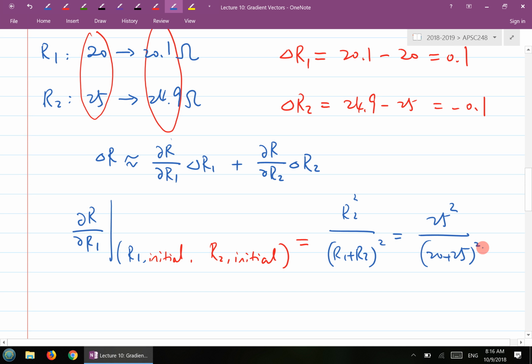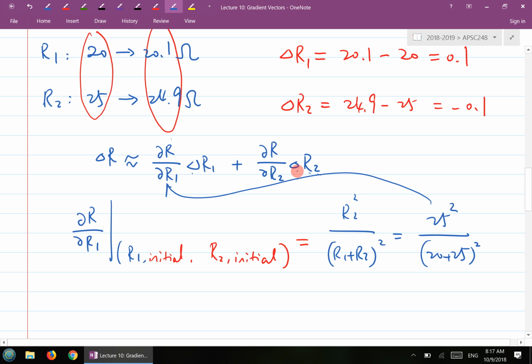Now you can calculate what this value is, and then plug it back over here. Similarly for the other partial derivative, and then also plug in delta R1 and delta R2. That's the typical procedure for using this total differential to estimate the change of a function f, given changes of the variables R1, R2 inside the function.